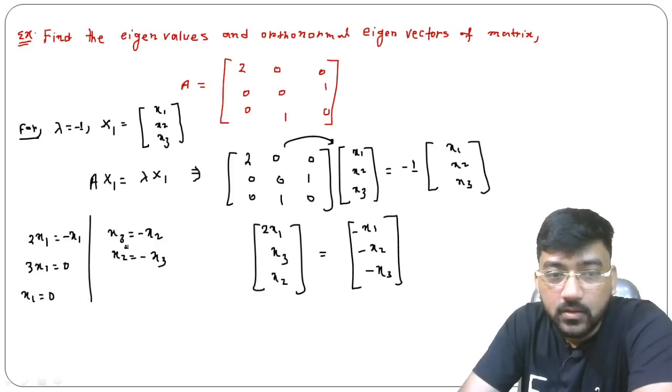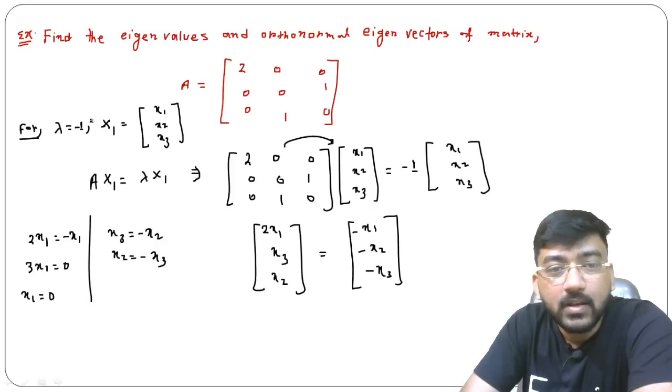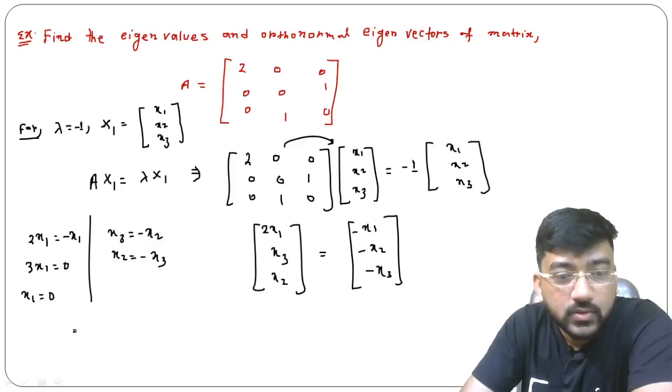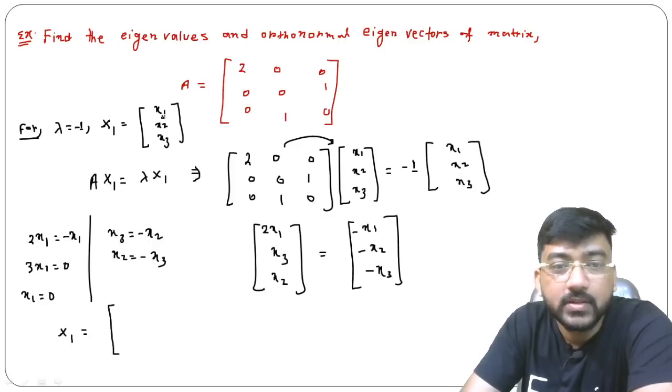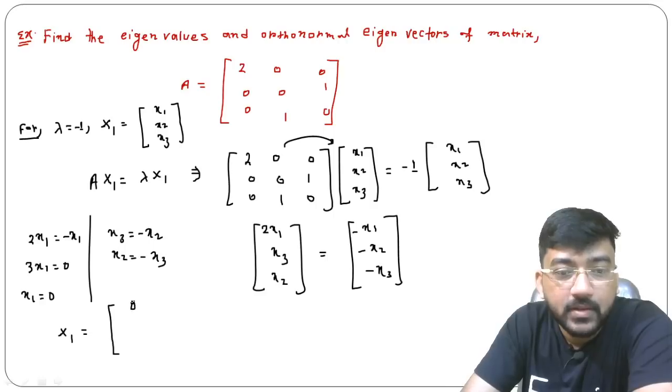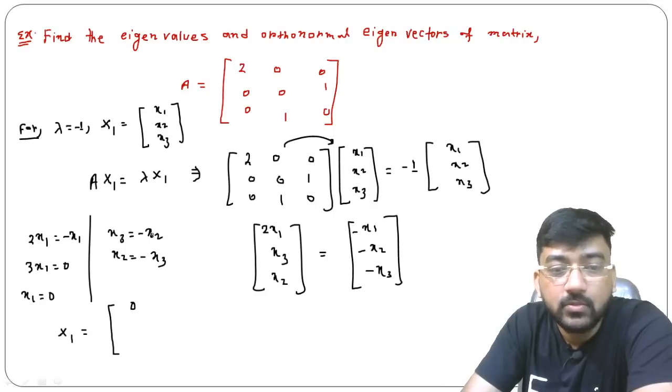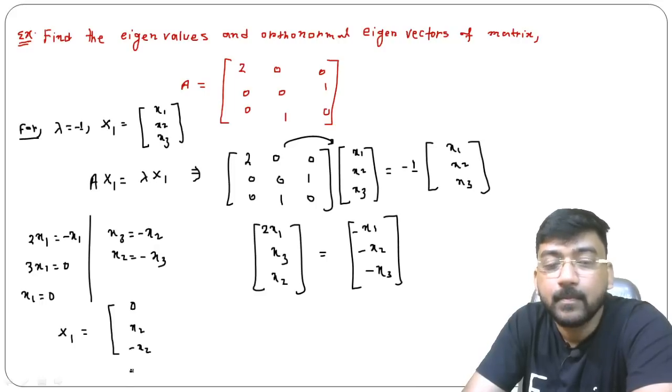So what will be your eigenvector? You can see that x1 will be just 0, and x3 is equal to minus x2. So if you take this as x2, then this will be minus x2.